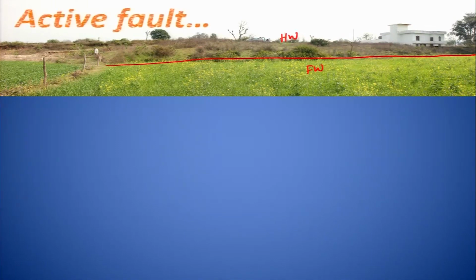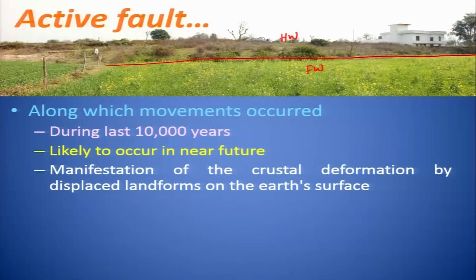Now, the importance is that the active faults are the faults along which movements have occurred in the past, in the last 10,000 years. So, if we come across that any displacement has been recorded on such features or such faults in the last 10,000 years, then we consider that as an active fault.